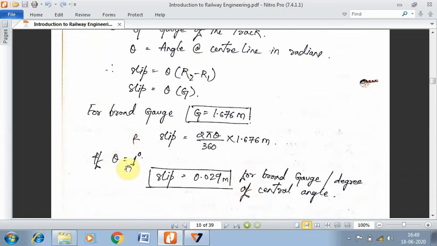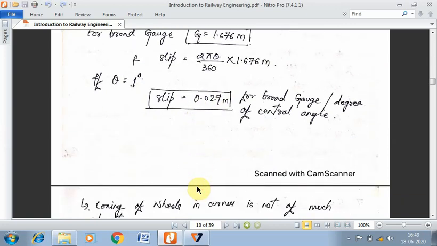Now, for theta equal to 1 degree, the amount of slip that is going to take place is 0.029 meters. So for a broad gauge track, per degree, there will be a slip of 0.029 meters, right? So this is the theory of coning.